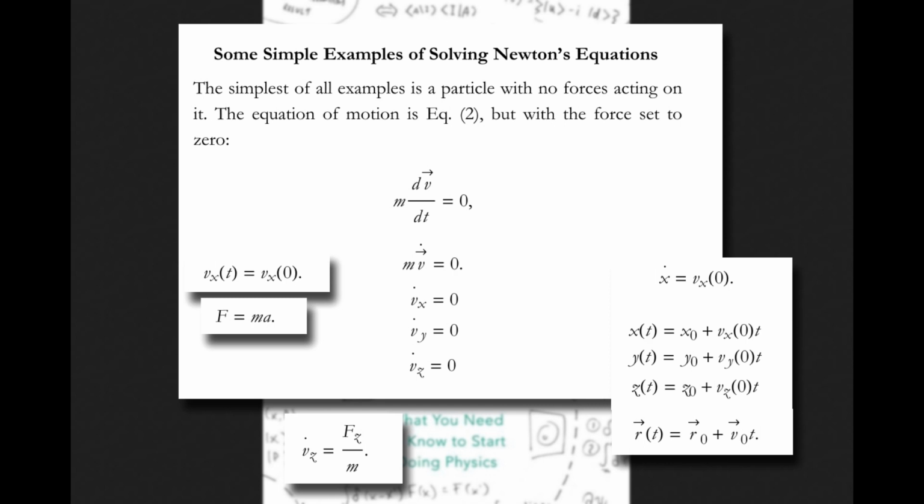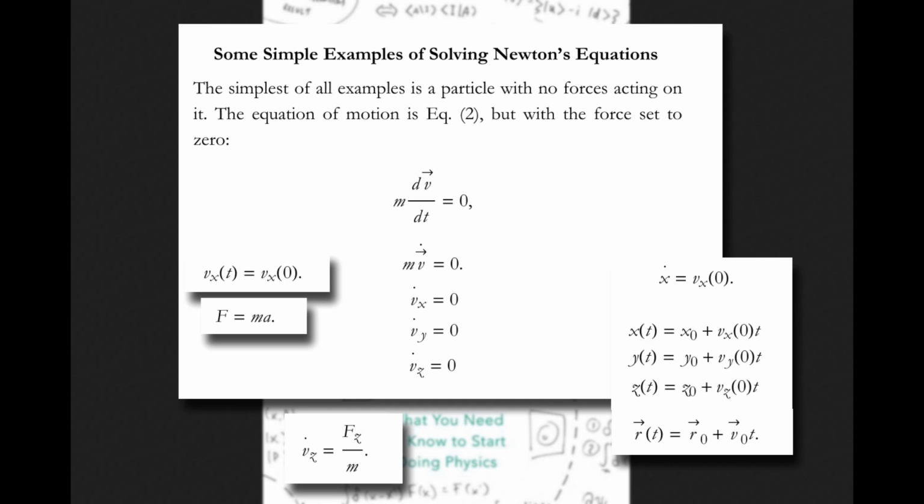Every object in a state of uniform motion tends to remain in that state of motion unless an external force is applied to it. Equations 1 and 2 are called Newton's second law of motion.